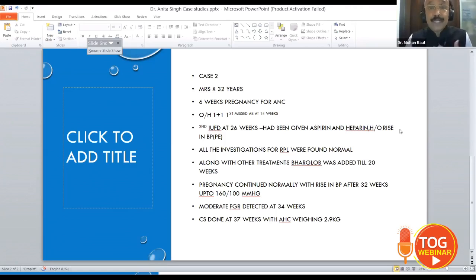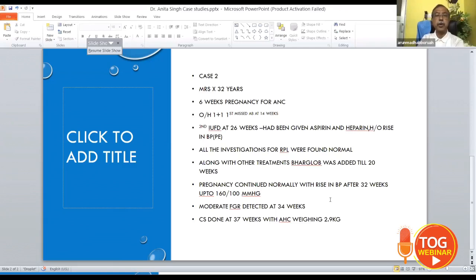This patient has escaped the immune attack in the first trimester, but at 20 weeks the second attack occurs, and if the placentation is not proper, there is improper vascular development in the placenta. That leads to early onset PIH, which rapidly progresses and leads to severe oligohydramnios and IUFD, and giving immunomodulation in such cases definitely helps.